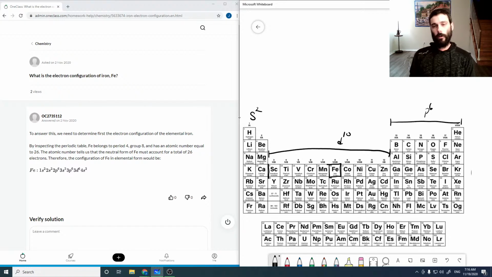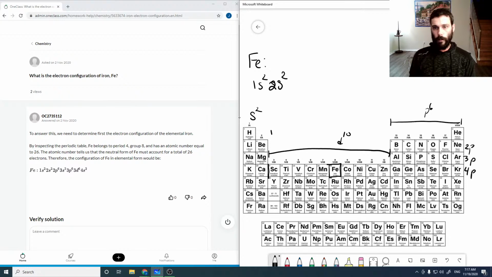it's fairly straightforward, right? So we start at the top here, and we would have 1s2, and we just can count along until we reach iron, basically. So from this block, we're going to have 2s2, and then 2p. I'm just going to write them down. Of course, we're not going to get up to 4p.